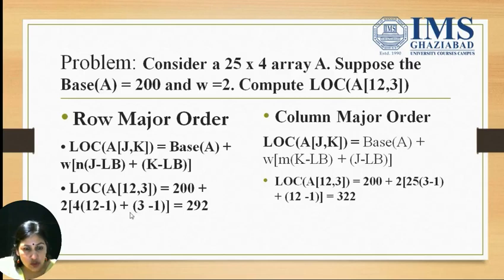So 12 minus 1, plus 3, the column index, minus 1, is calculated as 292. Whereas in column major order, base address plus W, times the number of rows in the array, times column index minus 1, plus row index minus 1, is calculated as 322.